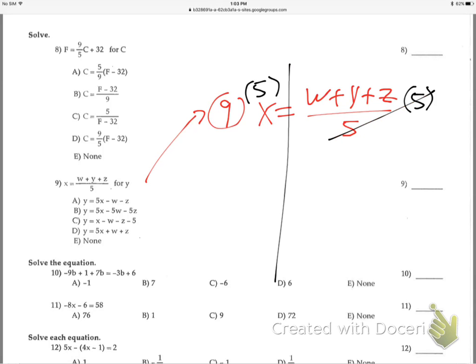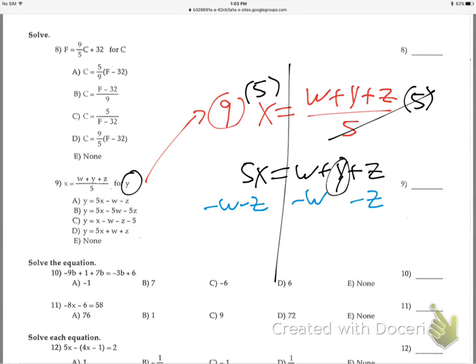And so what do we get? 5x equals W plus Y plus Z. Good so far? Now is where you've got to keep your eye on the ball. What's the ball? Who are we trying to solve for here? Y, right? So here's the Y. What do we have to do to get that Y alone? You've got to subtract the W and subtract the Z. Subtract them both.